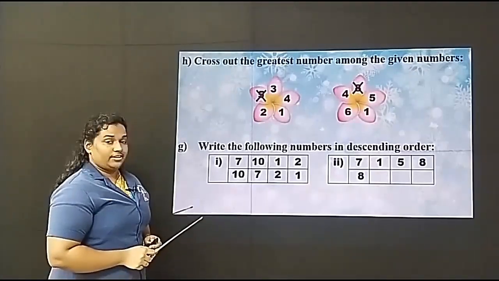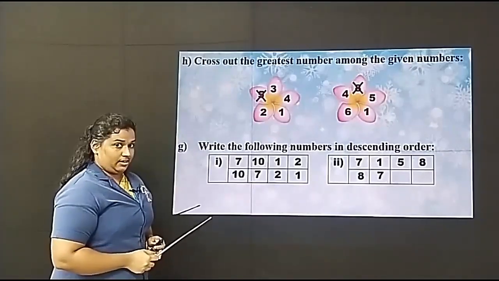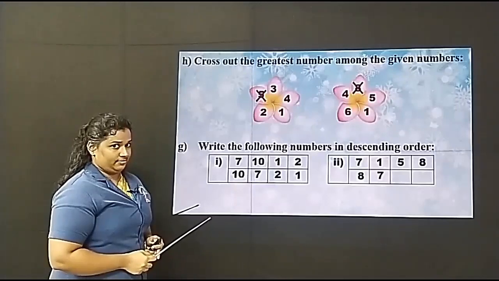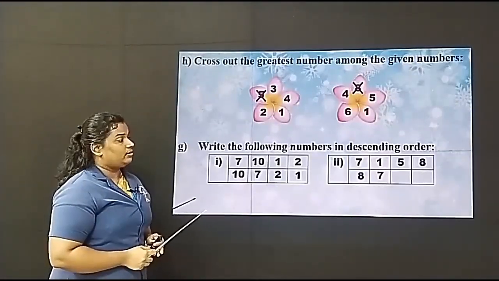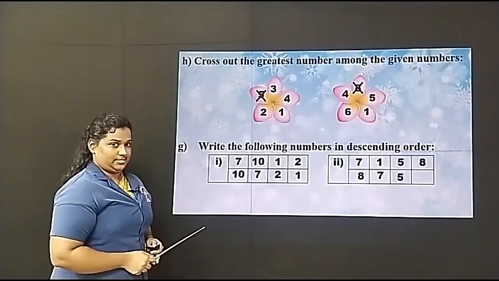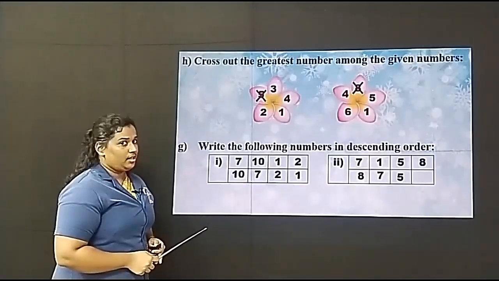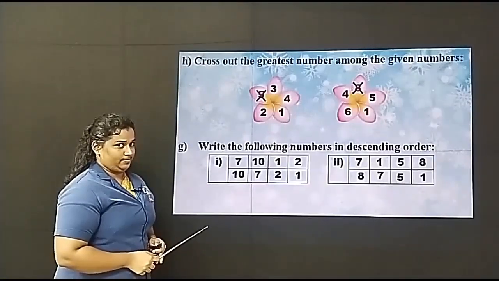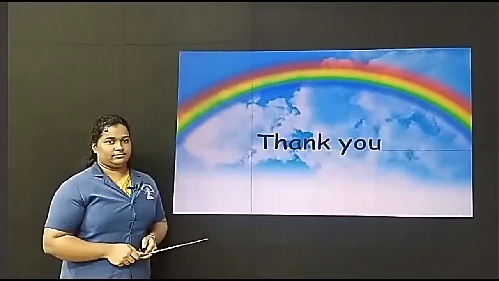Very good. The greater number 7. Now we have 1 and 5. Among these two, 5 is greater than 1. So 5 comes in the next place. At last, we have the smaller number 1. So we have solved this worksheet.